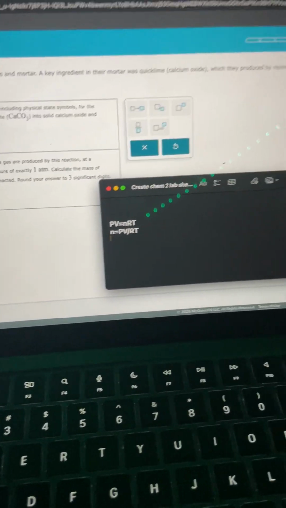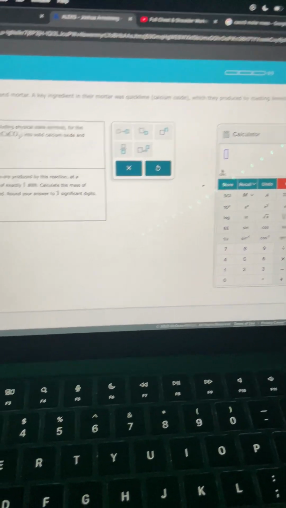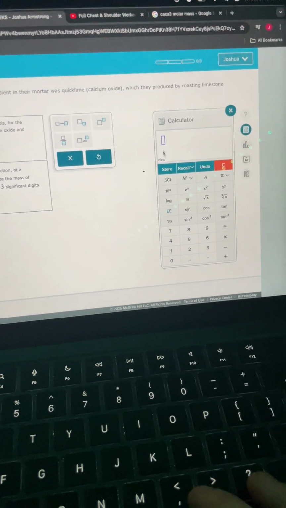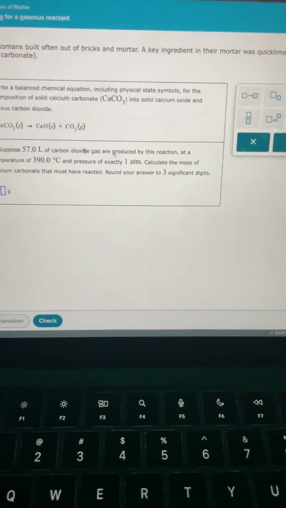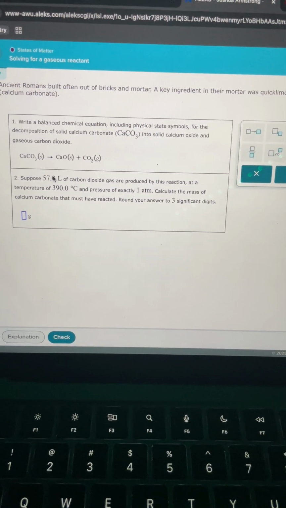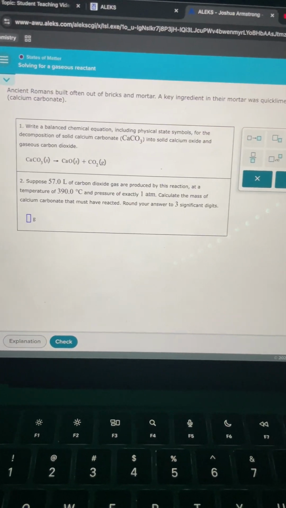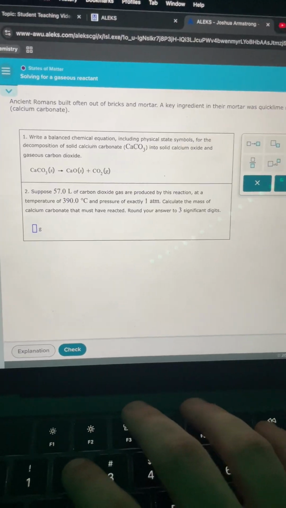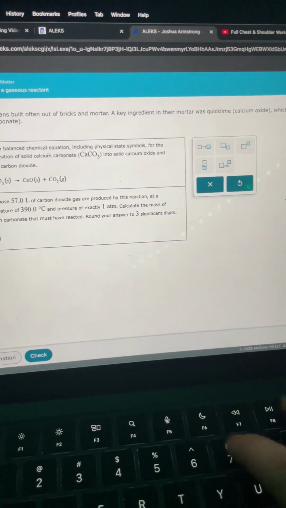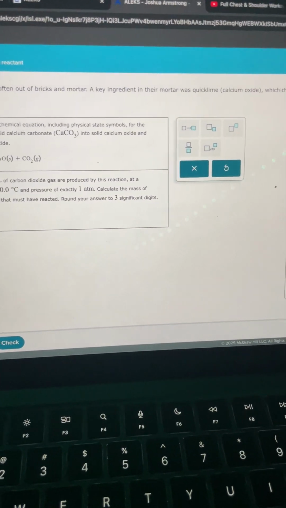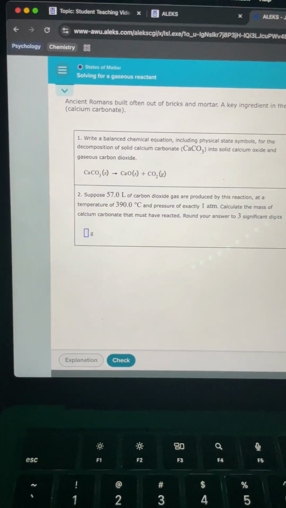Right, so let's just calculate that on here. The pressure is given as 1, so I'm not going to include that. The volume though, it's in liters, that's what we want. So we're going to put 57 over the gas constant, which is 0.08206 times, what is the temperature? 390.